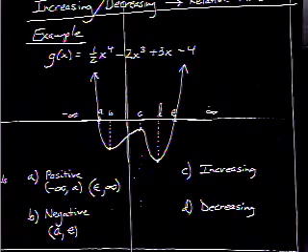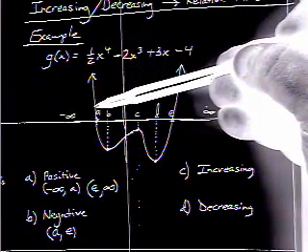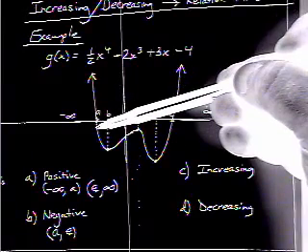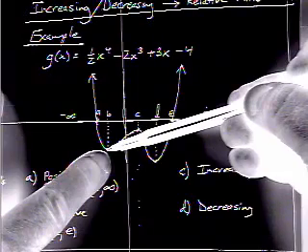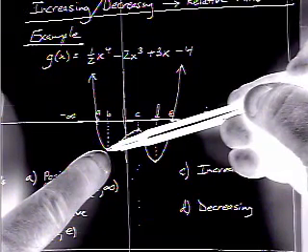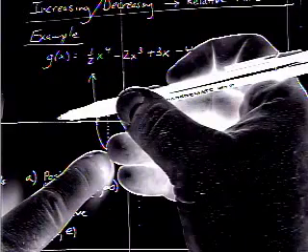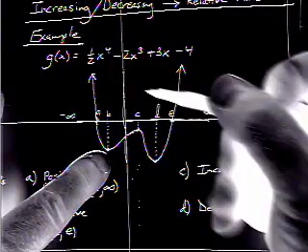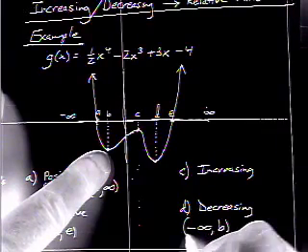Everything needs to be looked at from left to right, just like you're on a roller coaster, from left to right. So, as you're riding this roller coaster, the y values are decreasing all the way till you reach this relative minimum. And then suddenly you're not decreasing anymore. So, if I were to describe this, I would say everything from -infinity up to b is decreasing.